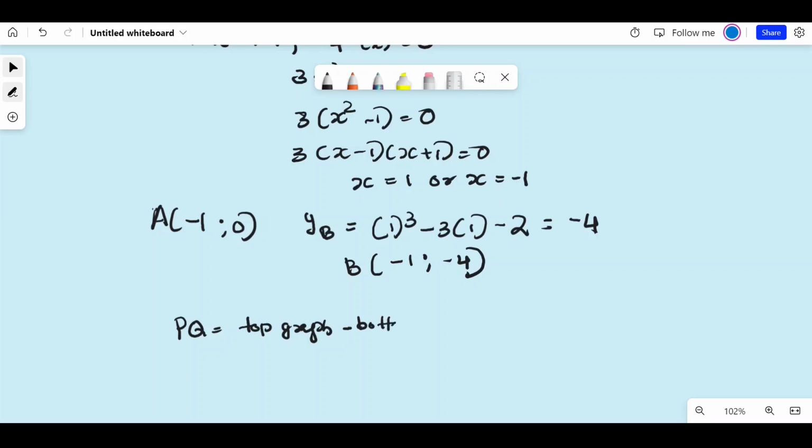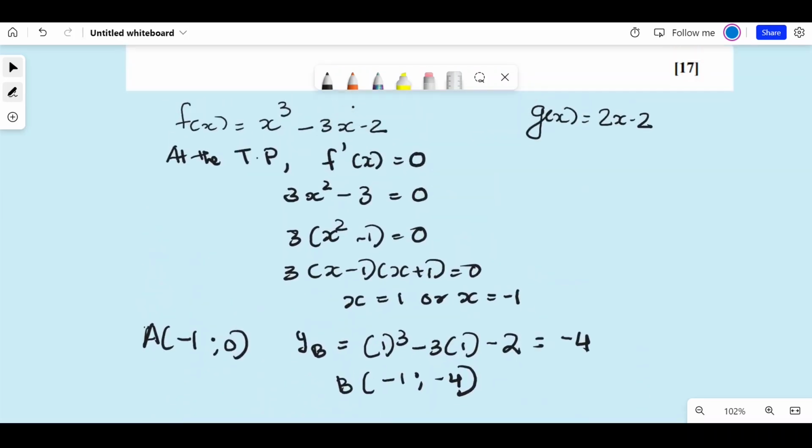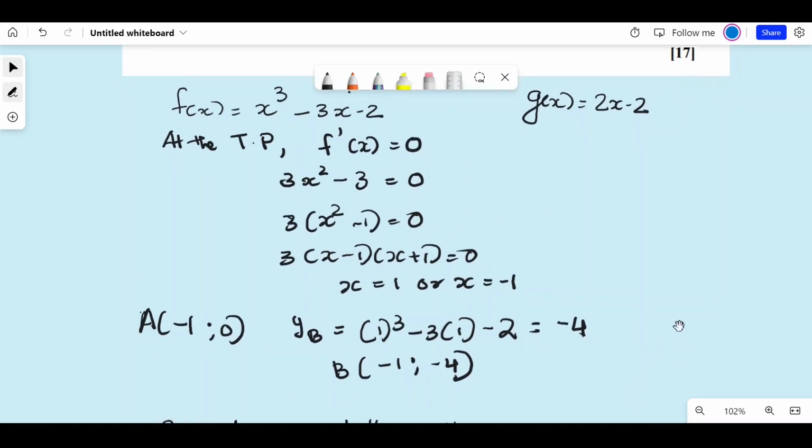When it is a vertical line, this is how we can find it. In this case the top graph is g of x and the bottom graph is f of x. So g of x was 2x minus 2, f of x is x cube minus 3x minus 2.